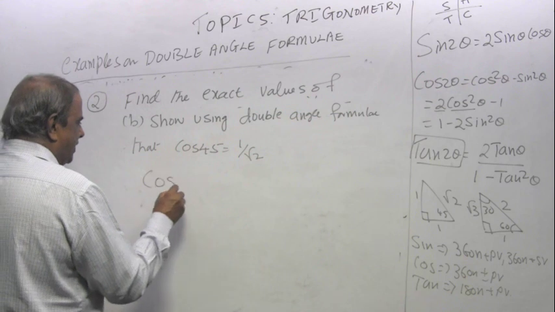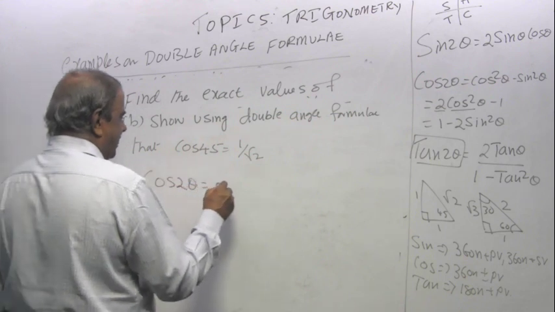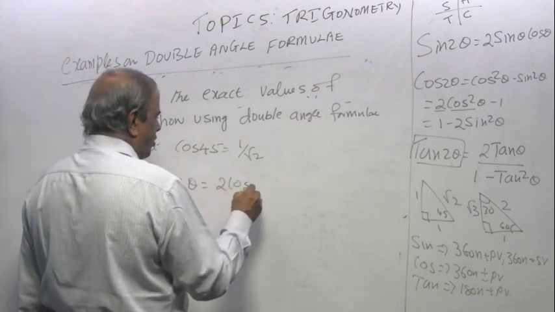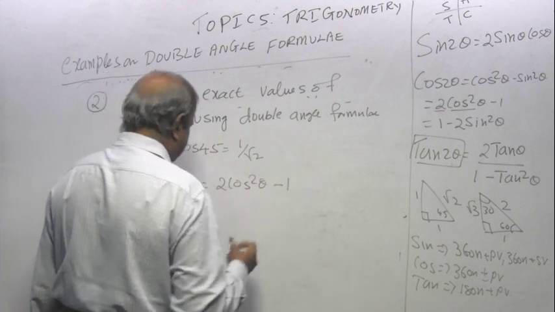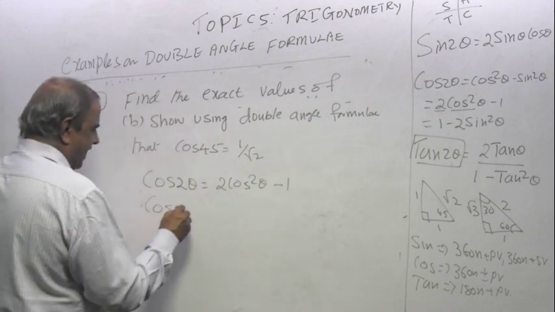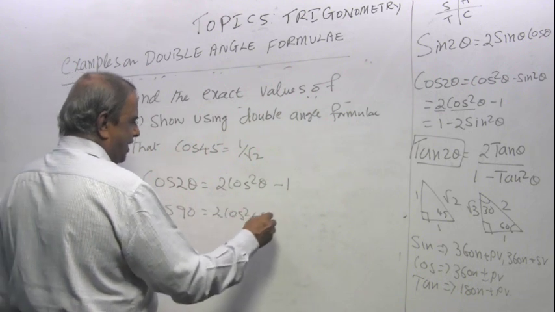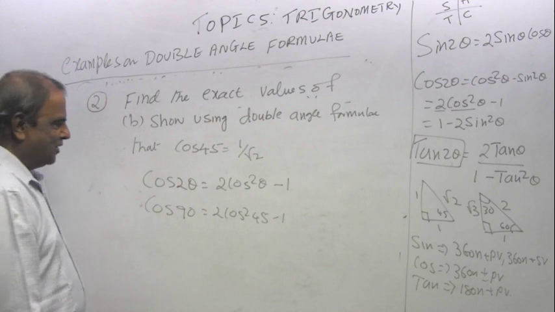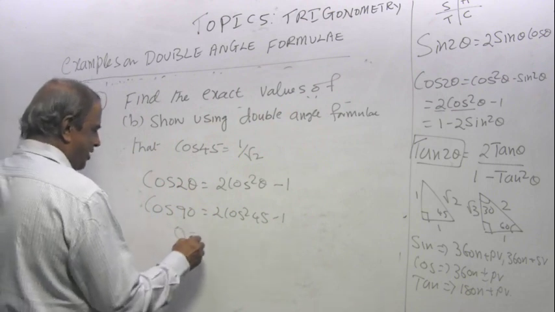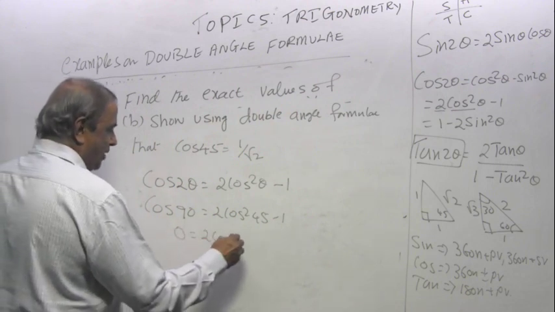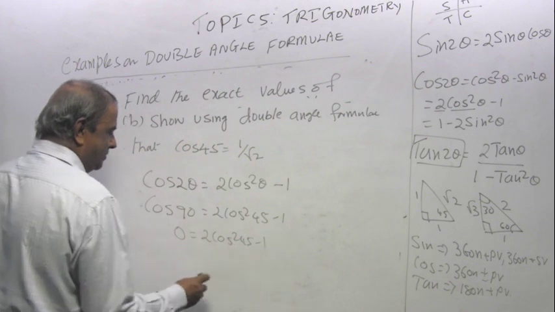Cos 2 theta formula? Cos 2 theta is 2 cos squared theta minus 1. So cos 90 equal to 2 cos squared 45 minus 1. Oh yeah, it works. 0 equal to 2 cos squared 45 minus 1.